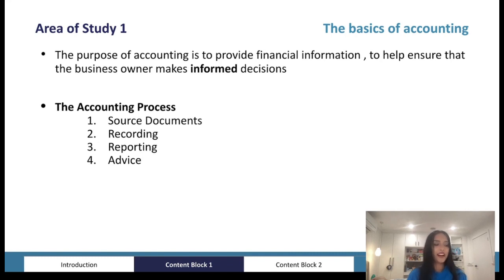The point is preparing financial reports. And then once you have those reports, it's reading and analyzing those reports, and then based on the reports, providing financial advice and non-financial advice to the business owner. So that's your role as an accountant, is to look at the business, check their source documents, check their recording processes, prepare reports, and then provide advice.